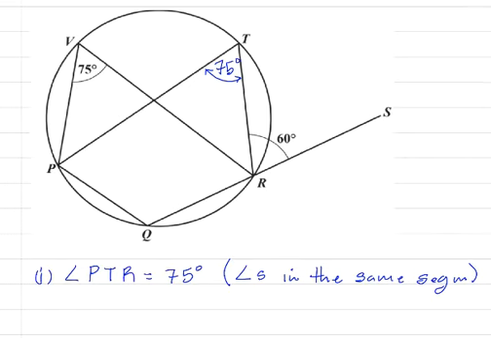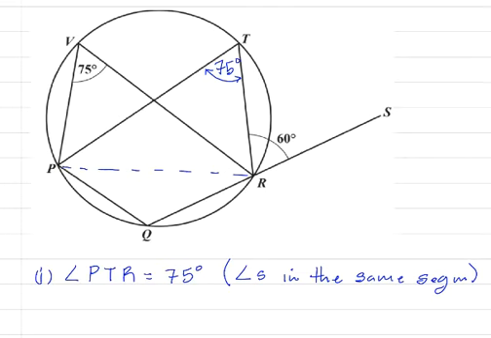The line PR is a chord, and a chord divides a circle into segments. So those two angles are equal, they're called angles in the same segment.